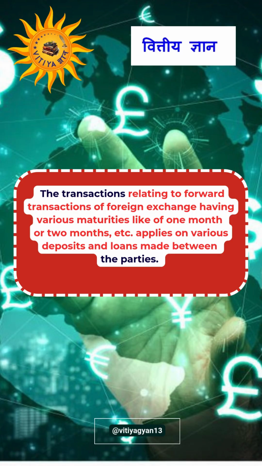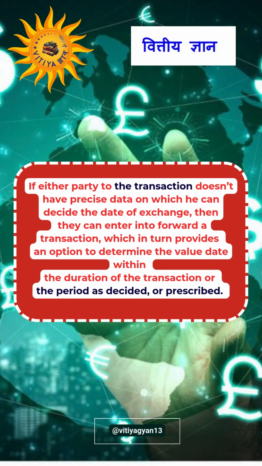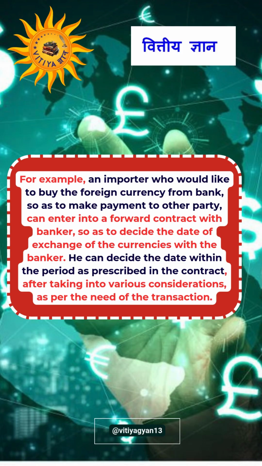Next, the forward transactions of foreign exchange having various maturities like 1 month or 2 months, etc., apply on various deposits and loans made between the parties. If either party to the transaction doesn't have precise data on which to decide the date of exchange, then they can enter into a forward transaction which in turn provides an option to determine the value date within the duration of the transaction or the period as prescribed.